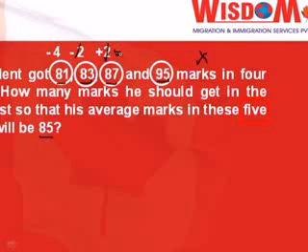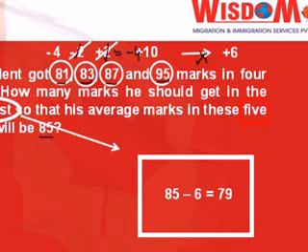The total deviation will come out to be negative 4. Now, let us calculate for 95 as well. 95 would be giving a deviation of plus 10. So, in effect, a deviation of plus 6 has been given by all these 4 numbers. So, x should be giving a deviation of negative 6. Hence, the number would be 85 minus 6, that is 79.